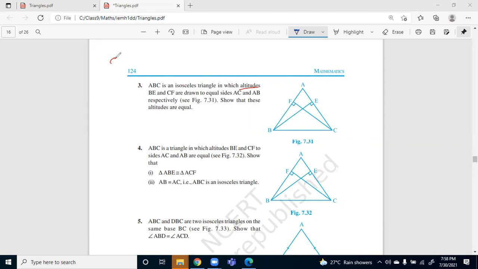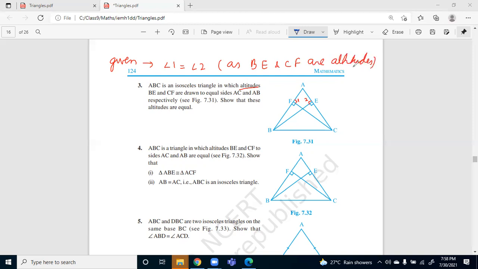So first we will be writing given. तो ये 90 है तो बचा हुआ भी 90 होगा. So I am writing angle 1 is equal to angle 2 as BE and CF are altitudes.